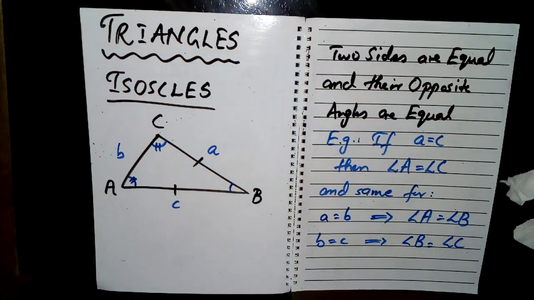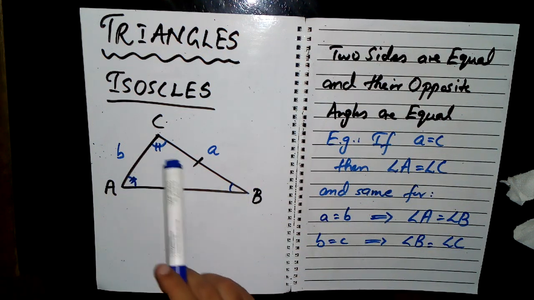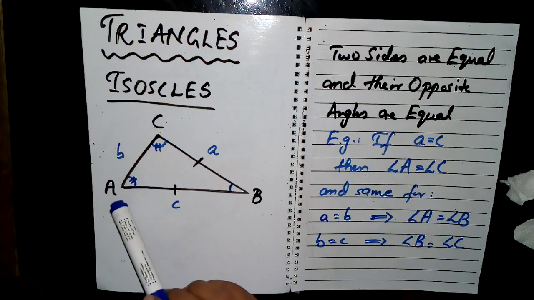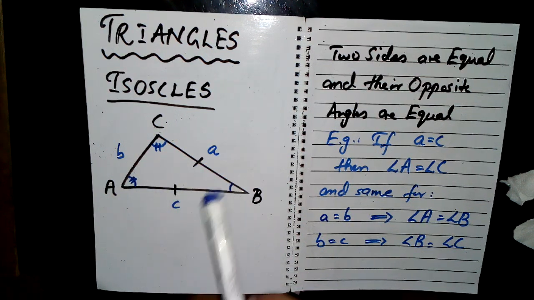Now the next type is the isosceles triangle. In an isosceles triangle, we have two sides equal and their opposite angles are equal. Suppose in this diagram we have taken these two sides equal, so the angles opposite to these two sides will always be equal. Suppose the side opposite to angle A is small a, and the side opposite to angle C is small c.